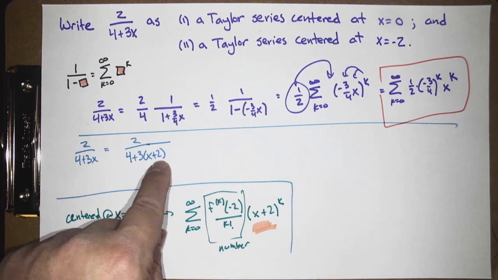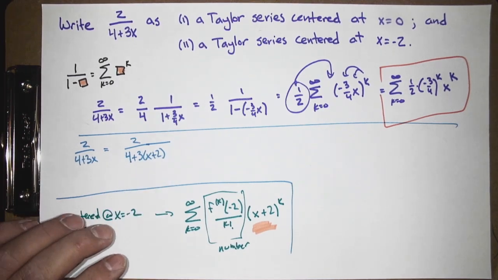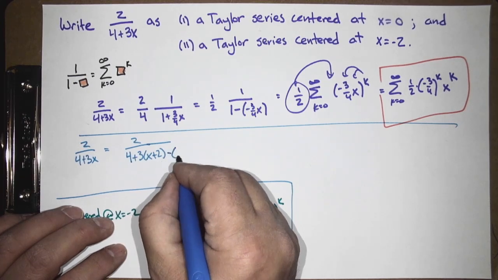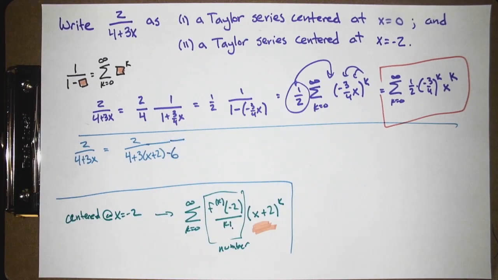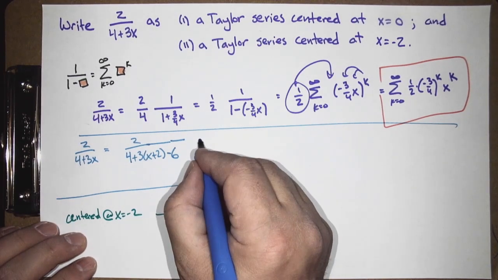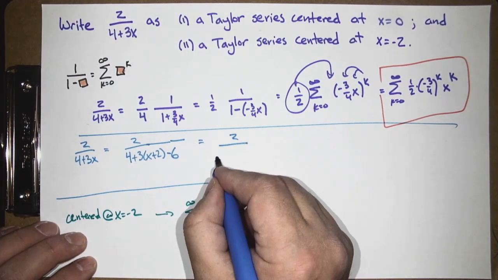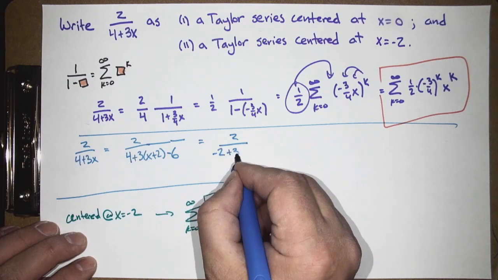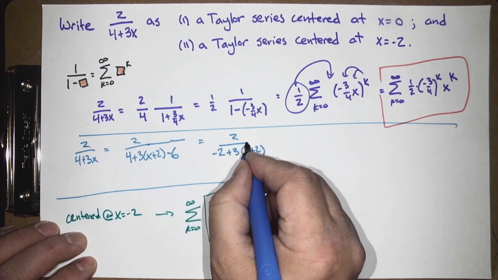So if I do it like this, what do I need to subtract? -6. Yes, because 3 times 2 becomes 6. 6 minus 6 is 0. So now I haven't changed it. I just said, hey, wherever I see x, I'm going to make it x plus 2. Or if you like, this is 2 over -2 plus 3 times x plus 2.